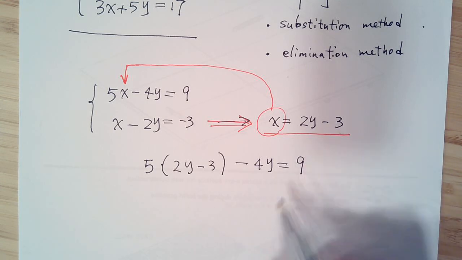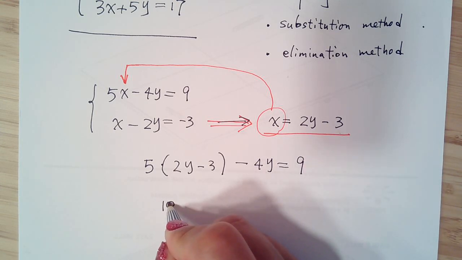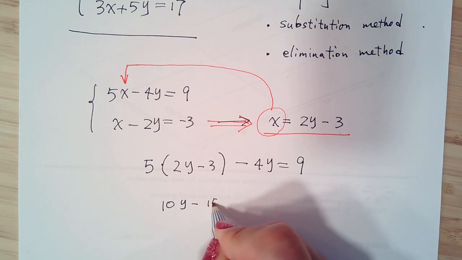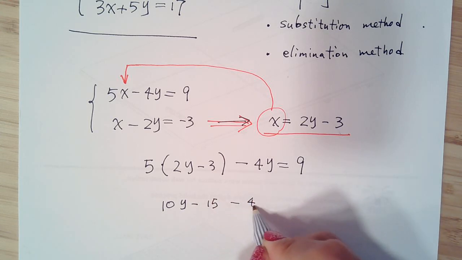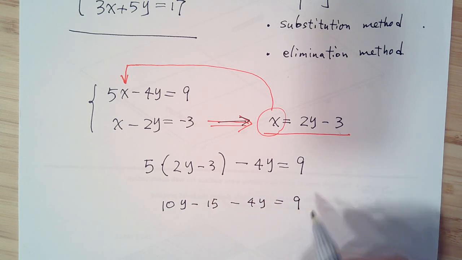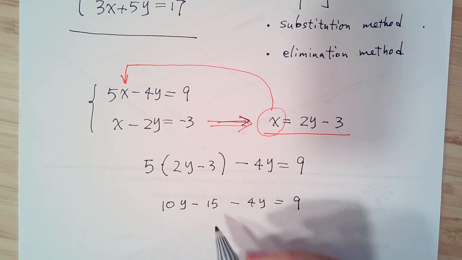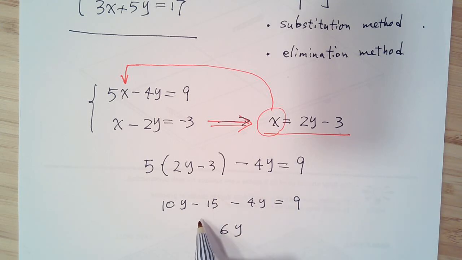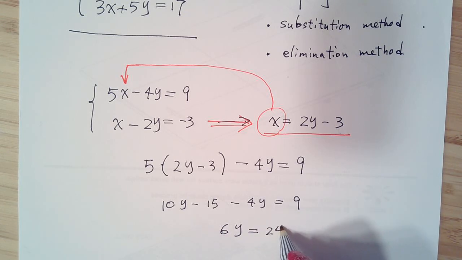Okay, so we go ahead, we get a 10y minus 15 minus a 4y equals 9. All right, 10y minus 4y, that's a 6y. And for this negative 15, if I plus 15 on both sides, the right side is 9 plus 15, I get 24.